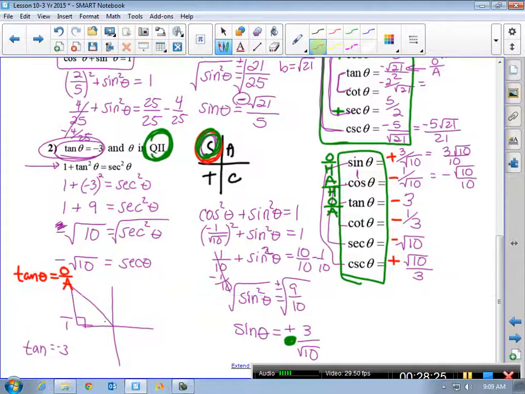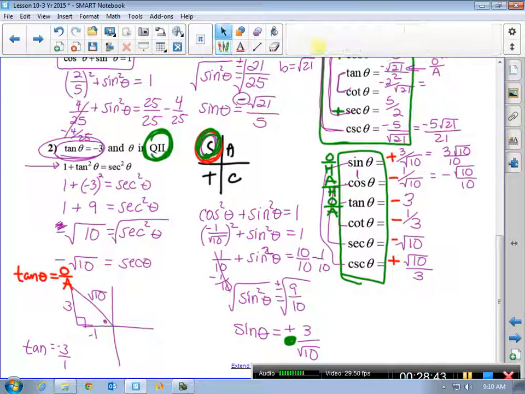All right, and then you've got your opposite and your adjacent, and you figure out your hypotenuse by the Pythagorean theorem. Same stuff, it's going to turn out to be radical 10, and then you're just going to do SOHCAHTOA. So the old-fashioned way works fine. I would recommend practicing with the identities. Memorize those, put them on your formula sheet, and have a great day.